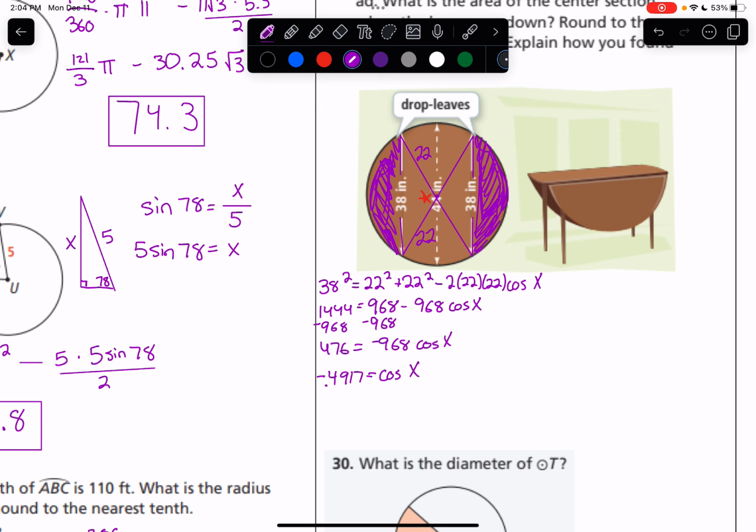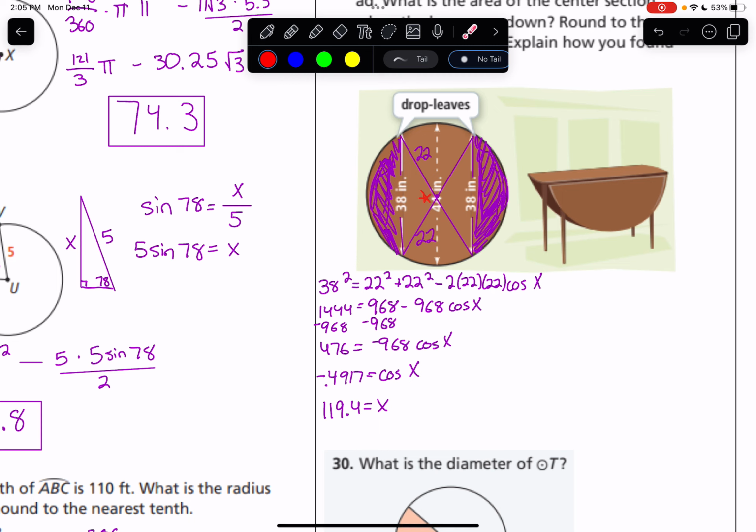We're almost there. We've almost found the central angle that these leaves make. So then we're going to take the inverse cosine of both sides, and we find that 119.4 equals x. So each of those leaves makes an angle of 119.4 degrees. And that means it makes an arc of 119.4 degrees.